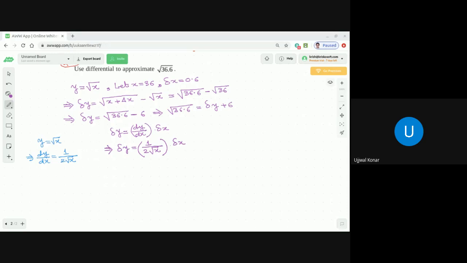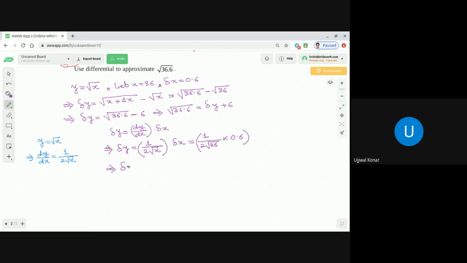The value of x is 36, correct? And eventually we get delta y equal to 1 by 2 into square root of 36 into delta x. Delta x we already designed in such a manner that delta x is equal to 0.6.